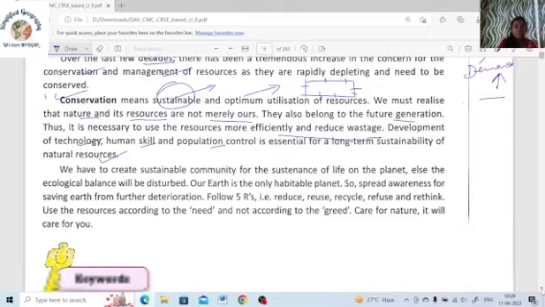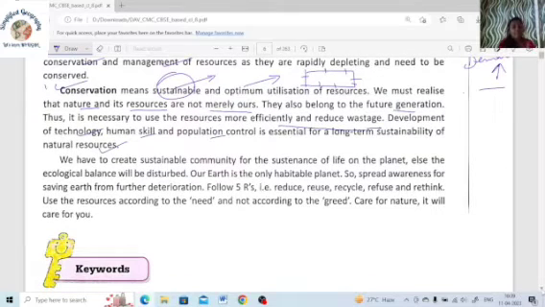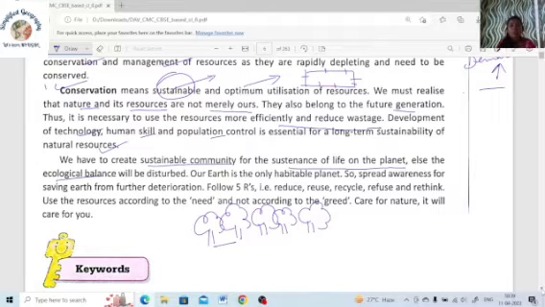Moving on to the next, we have to create sustainable community for the sustenance of life on the planet, else the ecological balance will be disturbed. We should plant more and more trees. If we are cutting 2 trees, we should plant hundreds of trees, otherwise there won't be ecological balance. We hear or read in the newspaper that animals come out of the forest and are entering villages.